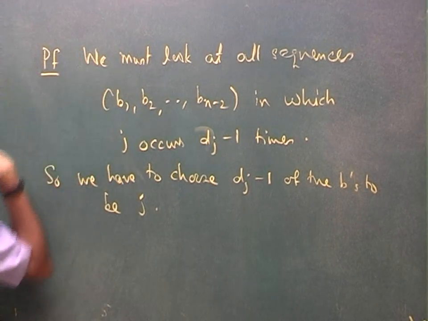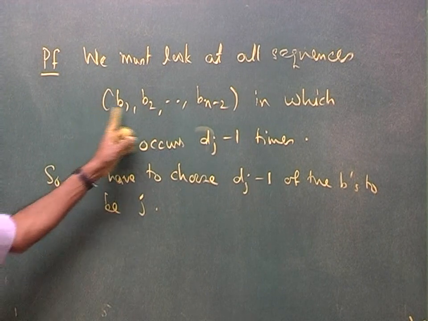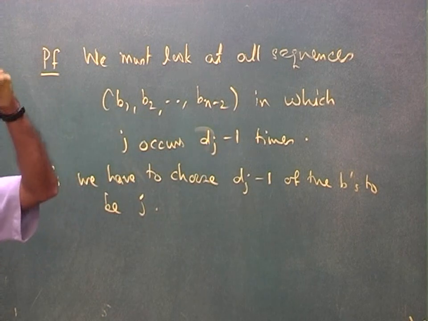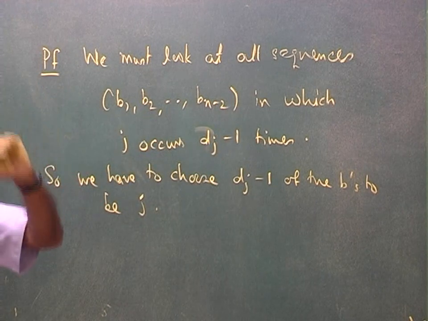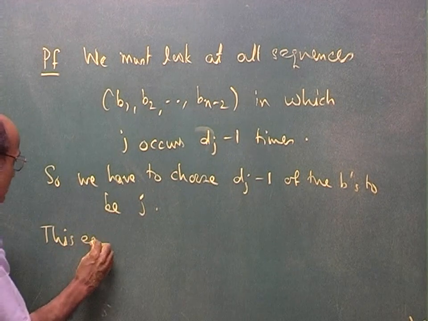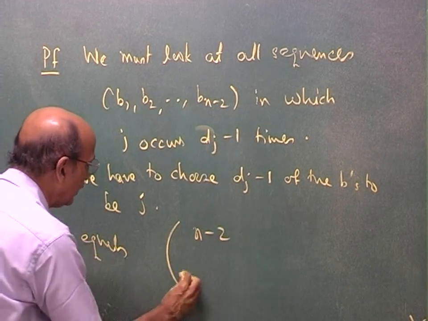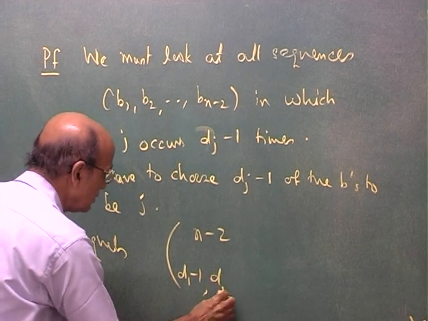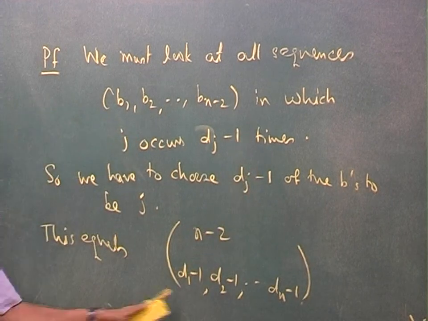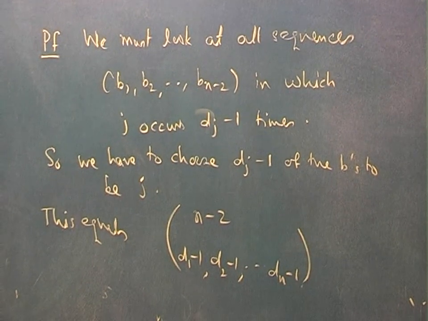So this is like n minus 2 slots are available to me. At some of those slots I write 1, some of those I write 2, some of those I write 3, etc. So this equals what is called a multinomial coefficient, more general than the binomial coefficient.